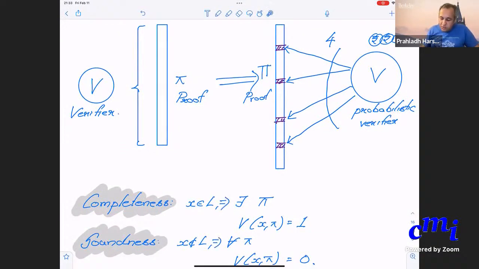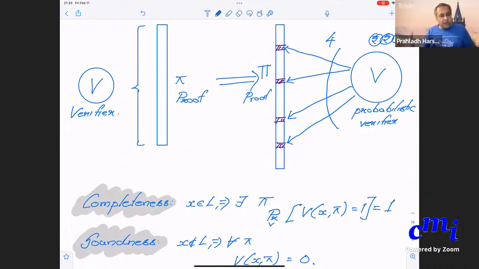We are now going to change it to state that there exists a proof such that this verifier, when he reads the proof pi, is going to accept with probability 1. So always the verifier should accept if the proof is correct. If the statement is correct, there must exist one proof that, no matter which few locations, the verifier accepts.